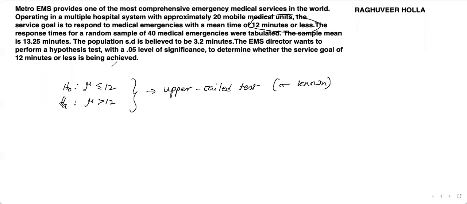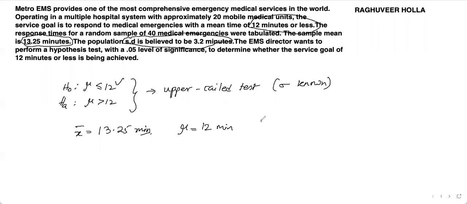Now, if you look at the sample mean, which is 13.25 minutes, that is X bar, and mu is 12 minutes, right? Mu is 12 minutes. And the standard deviation is believed to be 3.2 minutes.